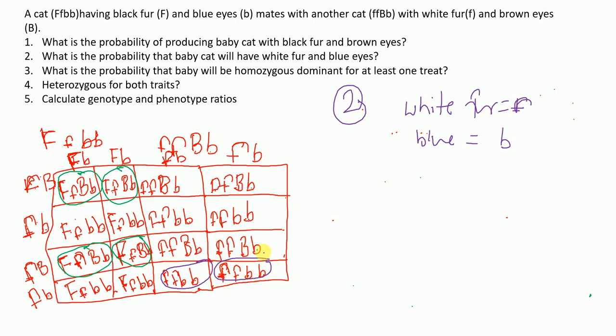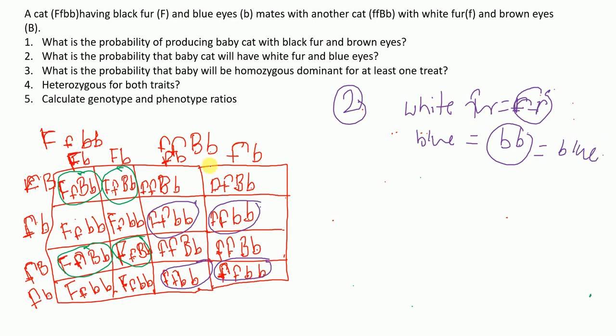This is 2, and here also one scenario, and here also one scenario. So basically we will look for 2 small f and 2 small b, because blue and white fur are both recessive characters. When we have 2 small f, then we will have white fur, and when we have 2 small b, then we will have blue eyes.